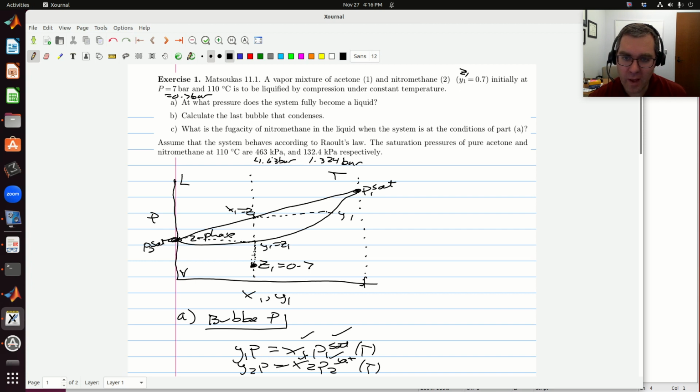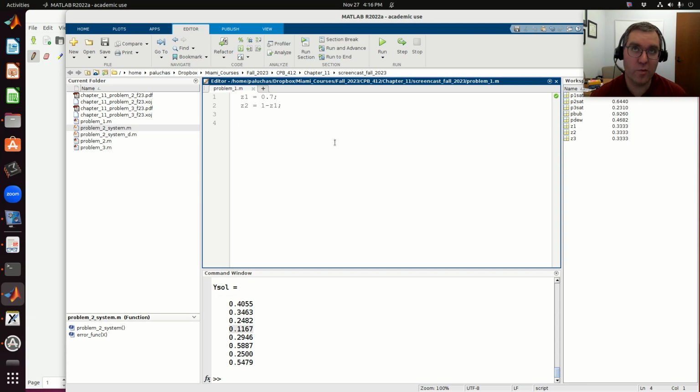P1 sat and P2 sat, I'm going to put them in bars because we're given a pressure here in bars, although I could use pascals. I just remember 1 atm is 1.01325 times 10 to the 5 pascals, or 101.325 kilopascals, and so 1 bar is just 100 kilopascals, approximately 1 atm.